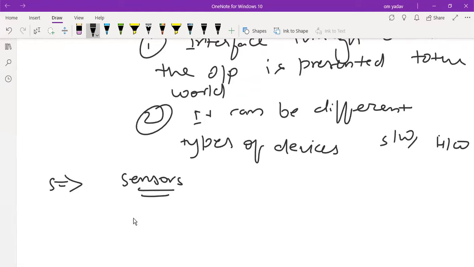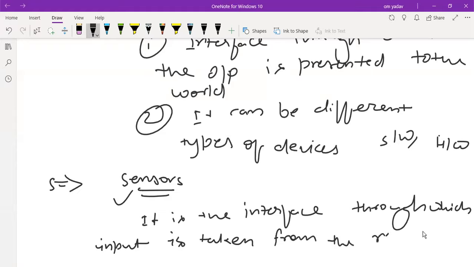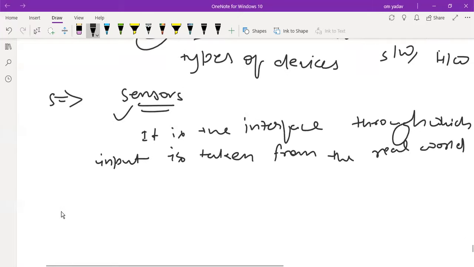It is the interface through which input is taken from the real world. So sensors are very important. Through sensors only the agents will take the data from the environment.